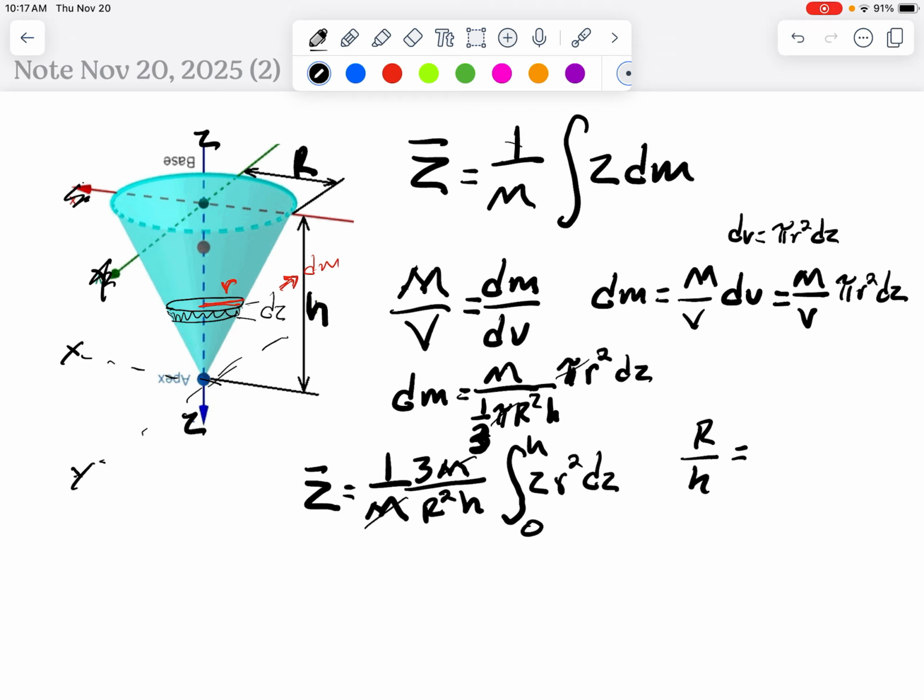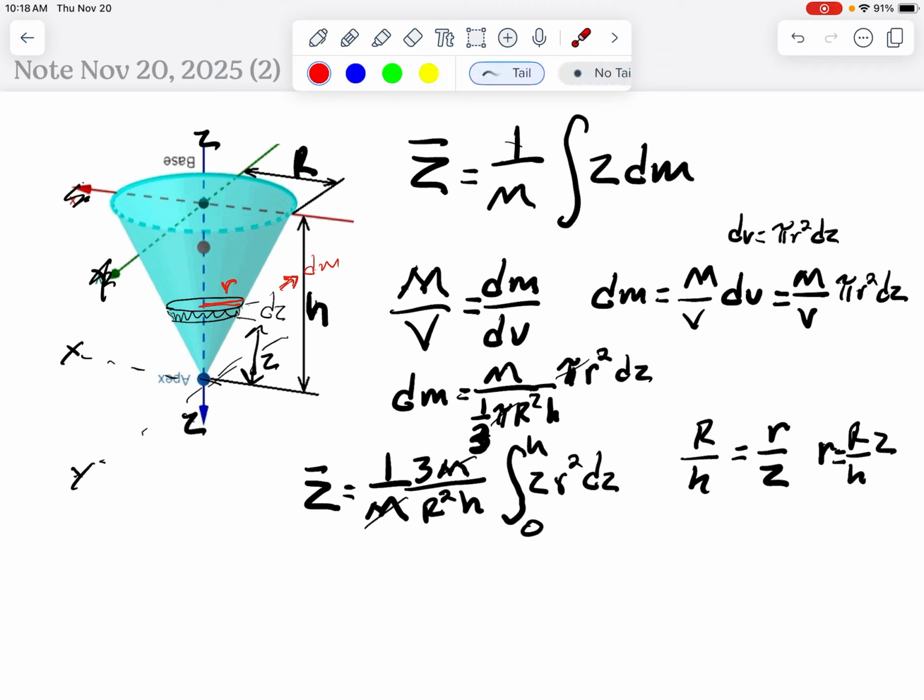So that's going to be equal to little r over z, because my little r is here, and I'm calling this height z. I'll label that. So now I can solve for r there, and I get that r equals capital R over h times z.